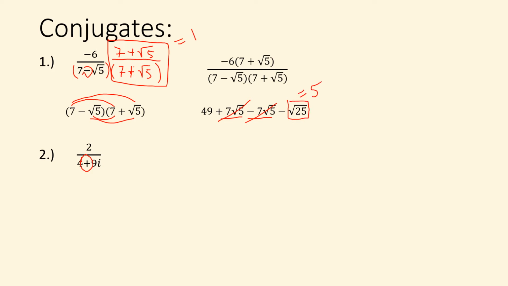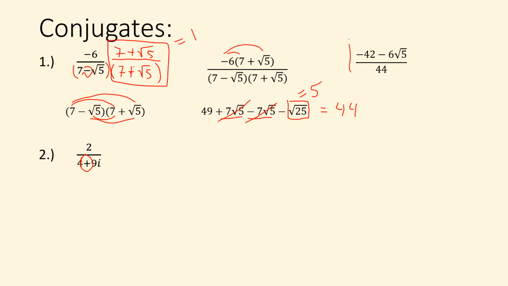This just equals 5. So the whole bottom just ends up being 49 minus 5, so it switches to 44 in the denominator. The radical is gone. On the top, we distribute this negative 6 into both of those, and we have negative 42 minus 6 radical 5, over 44.